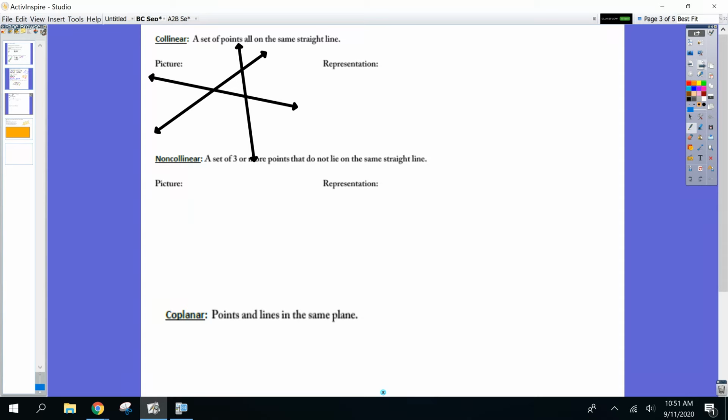So go ahead. I got 3 intersecting lines. You guys can copy those down. I'm going to put some points on those lines now.